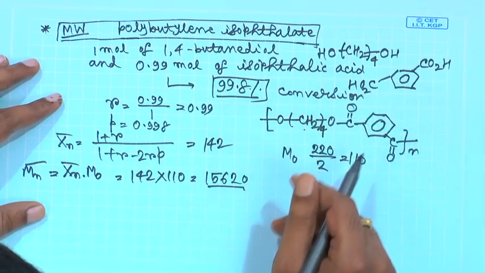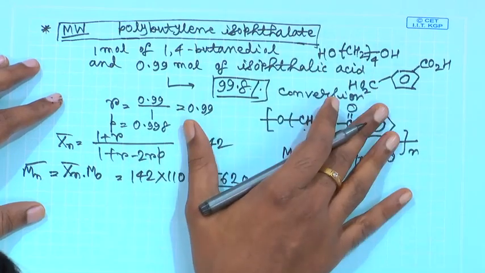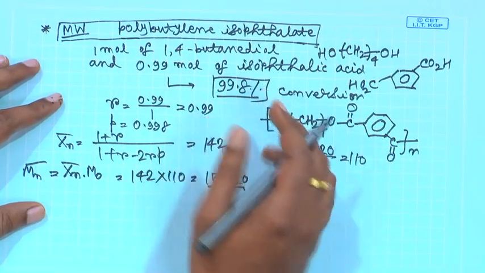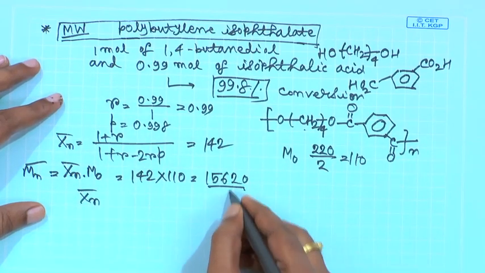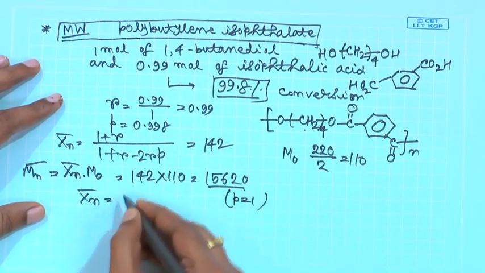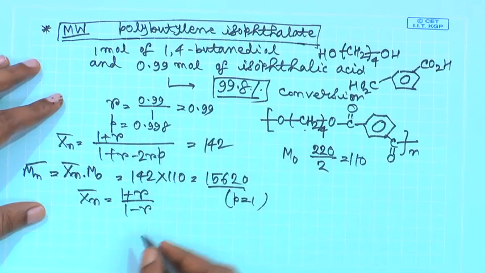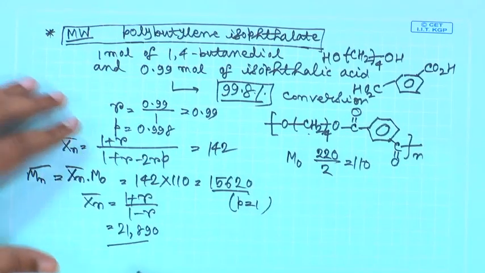And then if I ask you what is the maximum molecular weight that is achievable? The maximum molecular weight is only achievable when you have 100% conversion, because this problem is already defined. So, that means your p value is 1, and your xn bar is (1 + r) divided by (1 - r). You put the value of r here, and what you will get is 21,890.